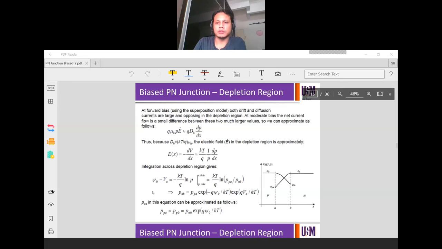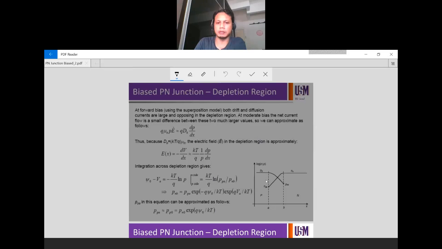So let's revise the schematic diagram again. If you look at this diagram, bottom right, we stopped somewhere here last time.